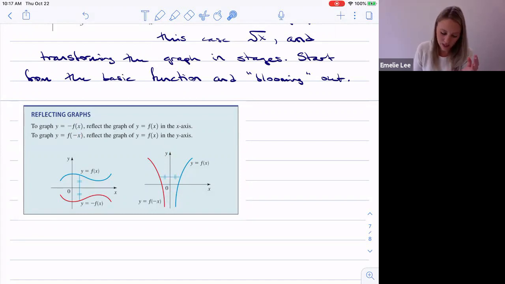Because this previously positive x value is now going to become negative x values, but the y values stay the same. Here, all the x values stay the same, but the y values go from positive to negative, right?